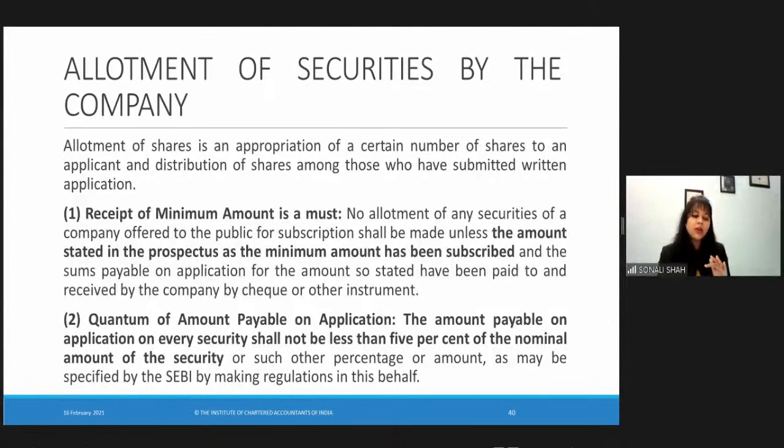So they cannot alter the AOA to say that they will pay 10% underwriting commission. Even if they do that alteration, they will not be permitted to pay 10% underwriting commission. The underwriting commission that they will be able to pay will only be 5% at the higher side for shares and 2.5% for debentures.